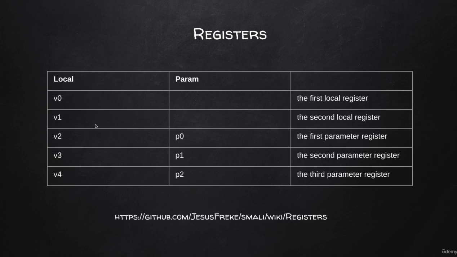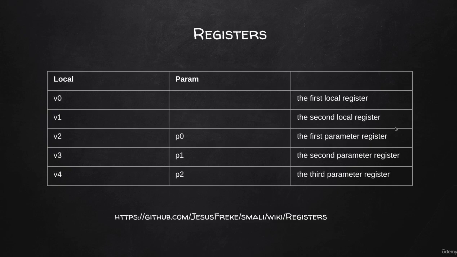This table shows the normal v name for each register, that are your v0 to v4, followed by the p naming scheme. While referencing the parameter registers, you can use either of these naming conventions. You can call it by v2 or p0, it will make no difference. This naming scheme is just to make modifying the method a little easier.